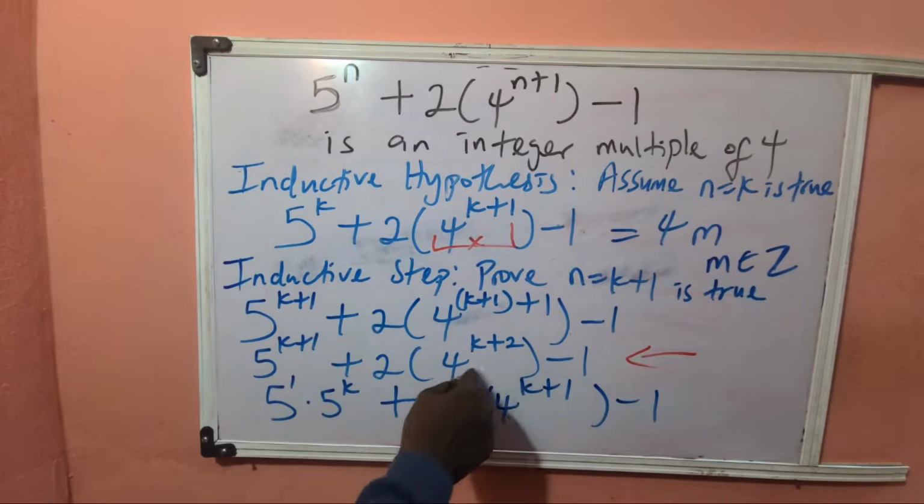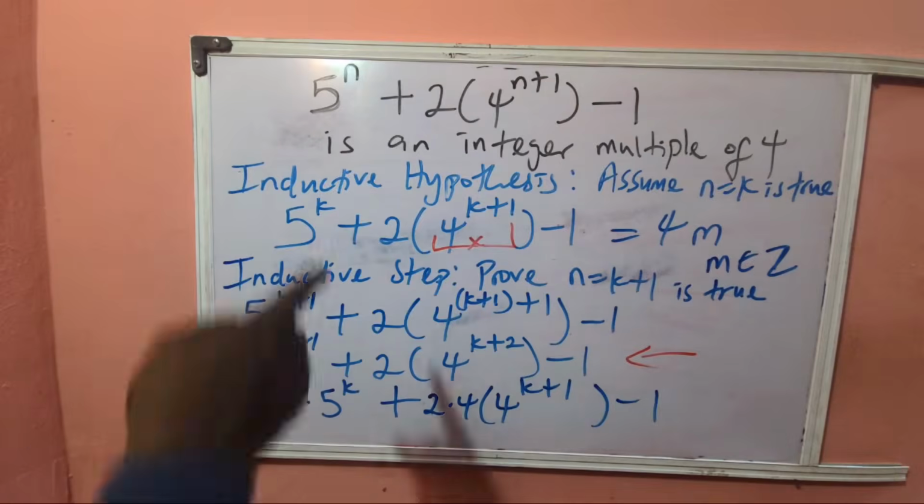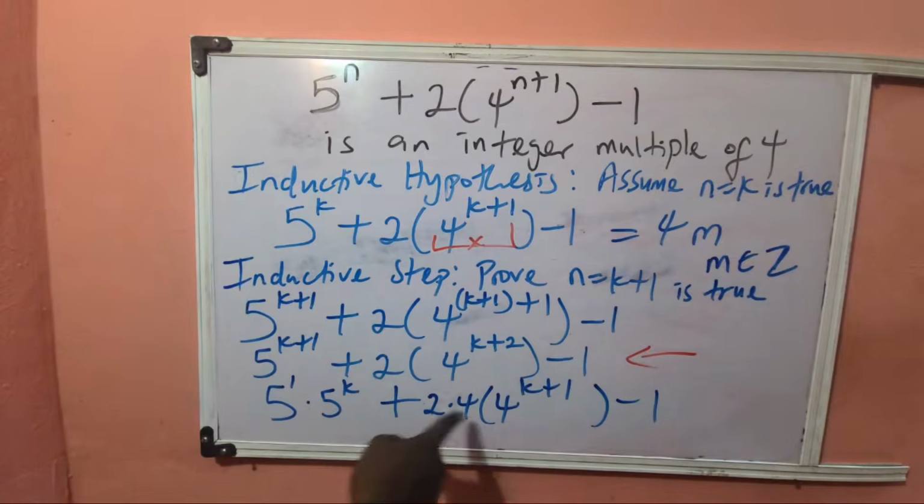That k plus 2 is like 4 raised to the power 2, that was 4 times 4. So I brought out one of the 4, I'm left with just one of the 4, which made it k plus 1. So this is what I will be doing, so that I will be able to make use of my inductive hypothesis. 2 times 4 obviously is 8. So instead of writing 2 times 4, I can change this to 8. So this is where we are at.